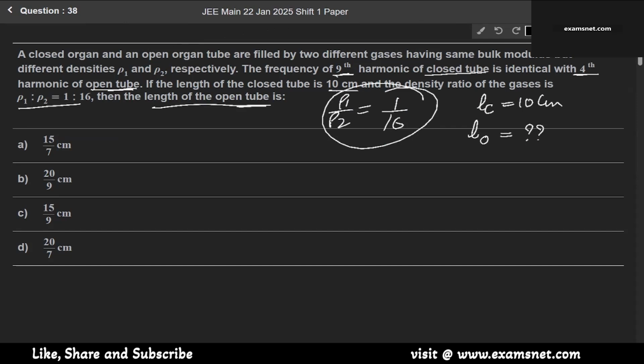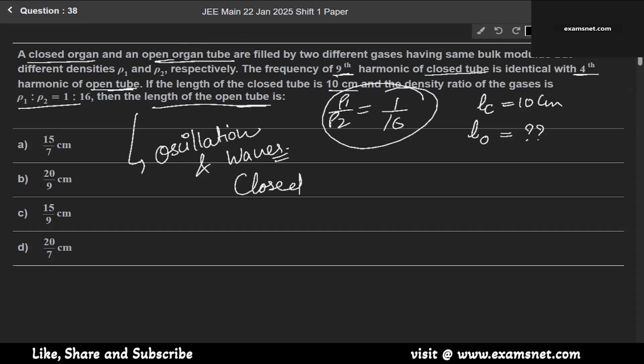Okay, so first of all, this question is from the chapter of oscillation and waves. We know the formula for the closed pipe and open pipe. For closed pipe the formula is Vc over 4Lc, Lc being the length of the closed pipe, and for open the formula is V naught over 2 L naught.